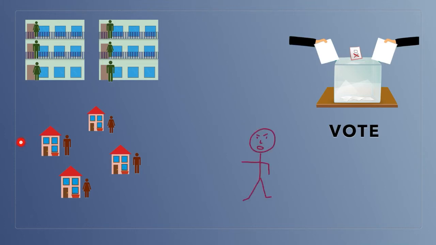But the people from these smaller homes don't like that idea. What they think is that there should be one person from each building. Not each family, but one person from each building should do the vote.